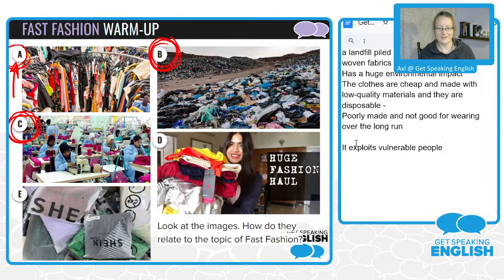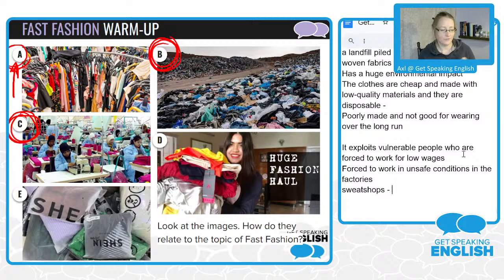You might say that the fashion industry exploits people, exploits vulnerable people, like you said, who are basically forced to work for low wages. So that's definitely a thing. Or also, they are maybe forced to work in unsafe conditions, in the factories, for example.